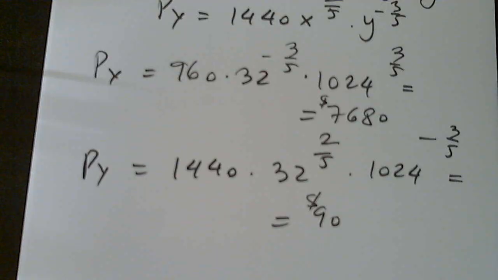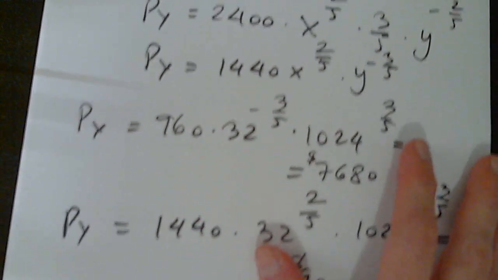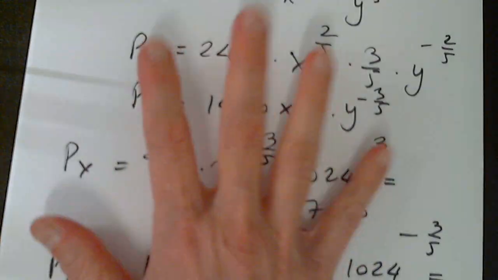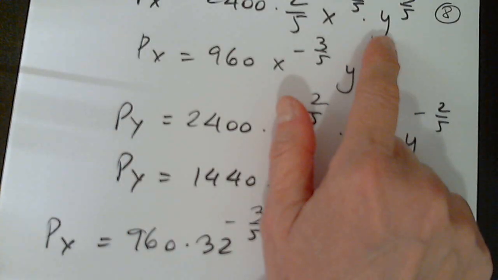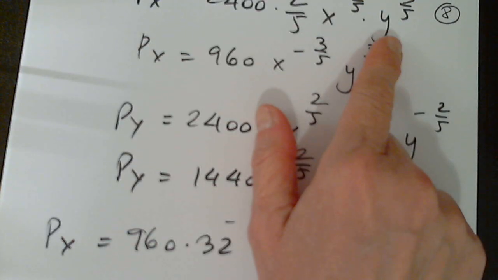Now, we are also asked, as the final question here, to interpret the meanings of these marginal productivities. Okay, so what do the marginal productivities mean? This was units of labor, units of capital.